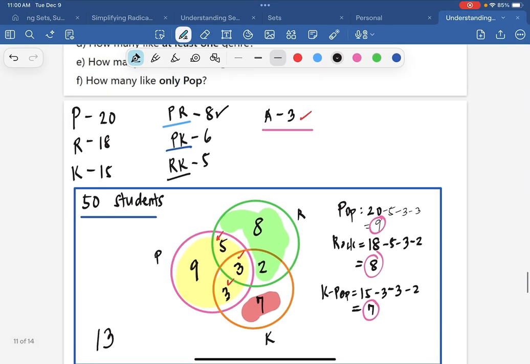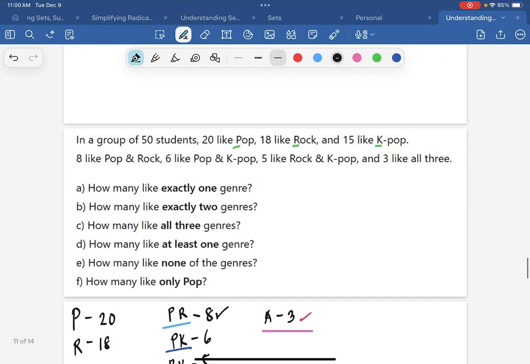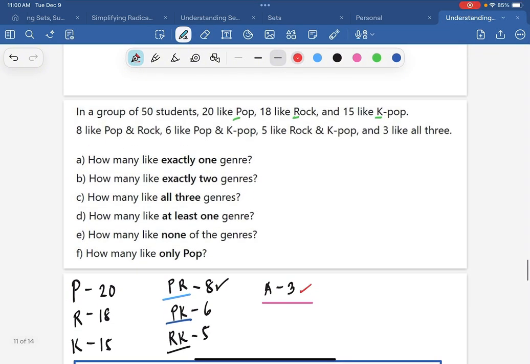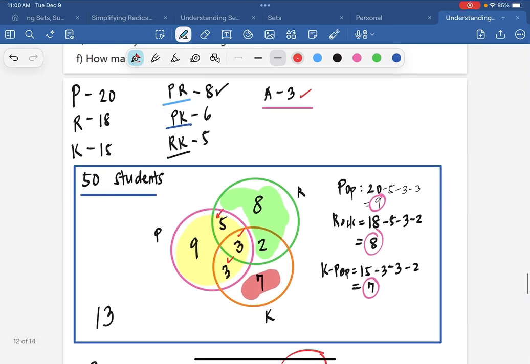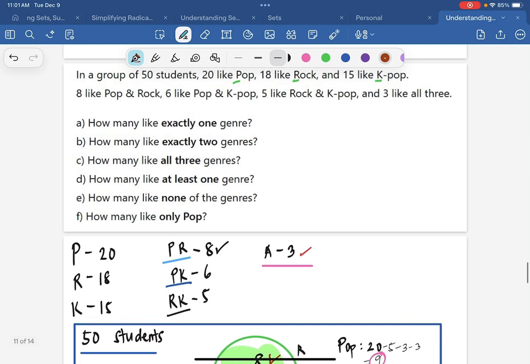So let's try to answer the questions above. Now here, how many like exactly one genre? So for liking exactly one genre, we have 9 only for pop, 8 only for rock, and 7 only for K-pop. So again, who like exactly one is different from at least one.